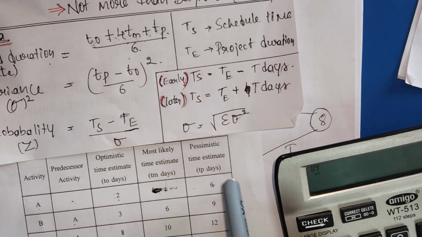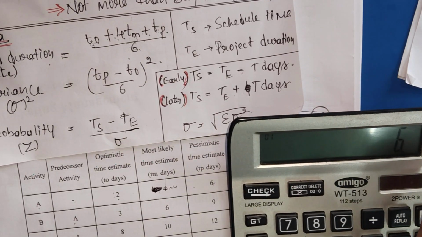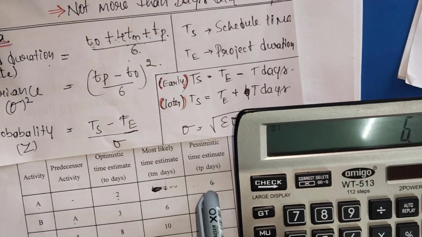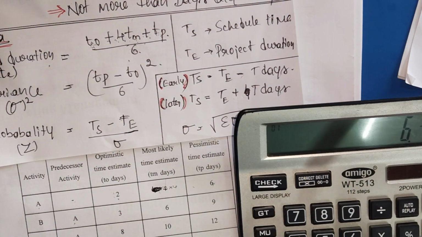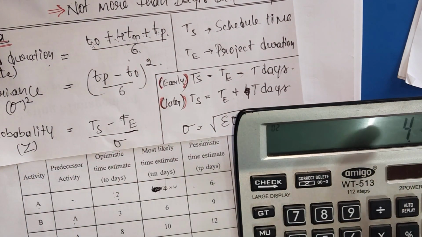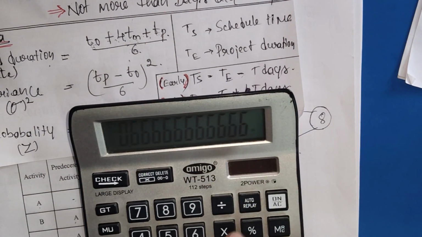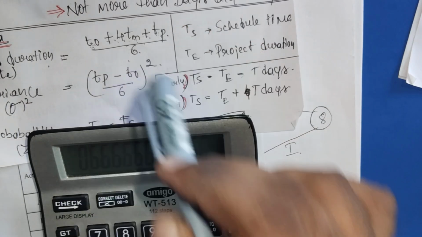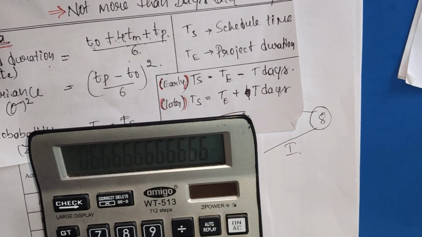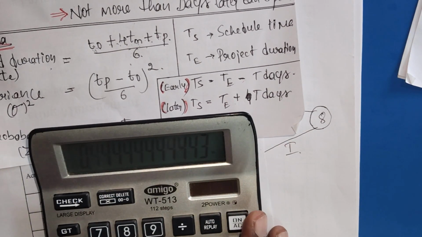Time pessimistic is 6, and time optimistic is 2. 6 minus 2 divided by 6 equals 0.666. We need to multiply with this 0.66, that's why we need to do the square. That's 0.666 into 0.6666. So we are getting 0.444.